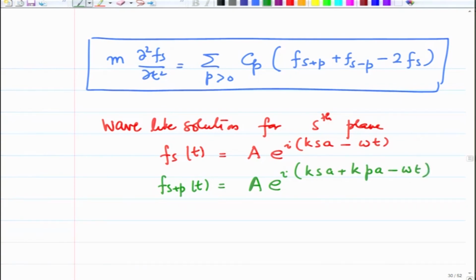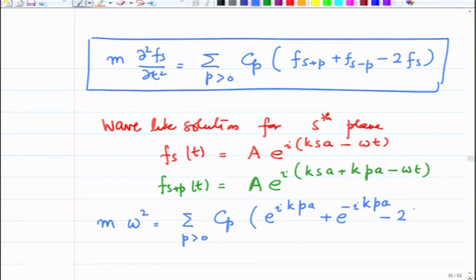And when I substitute this in the equation above, what I am going to get is minus m omega square is equal to summation p greater than 0 Cp (e raised to i k p a plus e raised to minus i k p a minus 2), and this leads to summation over p greater than 0 2 Cp (cosine of k p a minus 1).